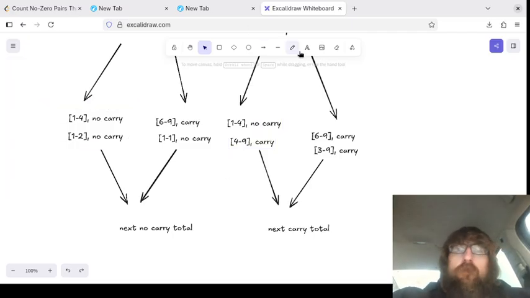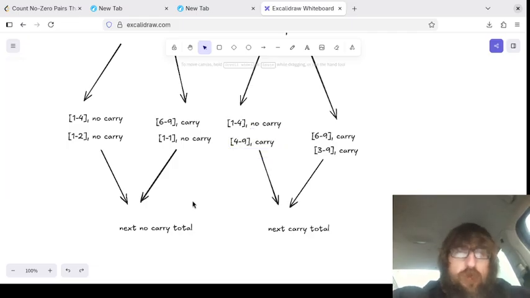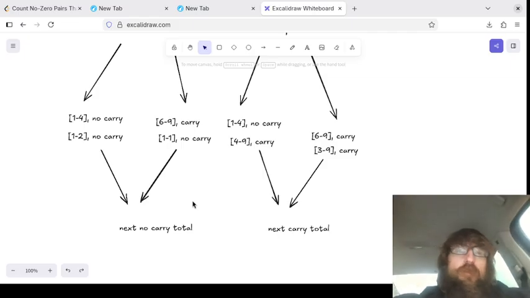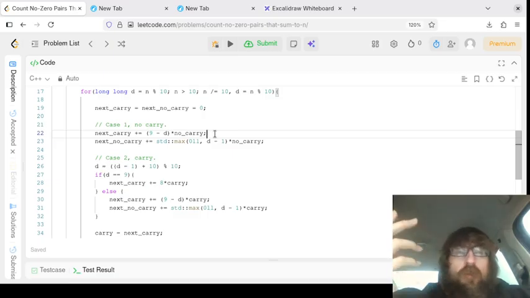So this should basically mirror, here you have 1 to 2 excluding 3, and then 4 to 9 excluding 3, right? That's the point where it starts to carry in the current digit that we're looking at, which is going to be the second digit. So that mirrors here. As I mentioned, for carrying, the size of the range is going to be the larger.